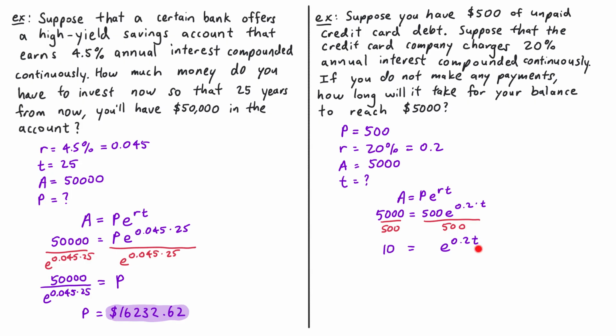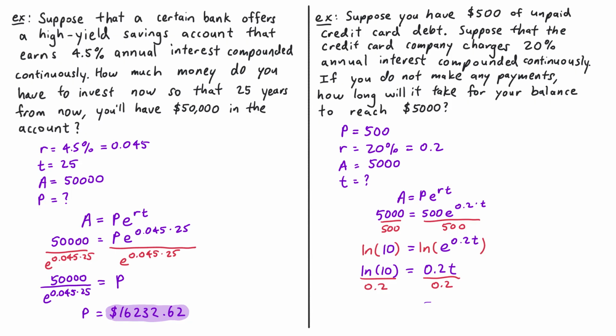If we want to solve for t, we need to undo the exponential with base e. The inverse operation to that is the natural log. So let's take the natural log of both sides. On the left, we'll have ln of 10, and on the right, the ln and the e will cancel each other out, leaving us with just 0.2t. Lastly, if you want to get t by itself, we just have to divide both sides by 0.2.